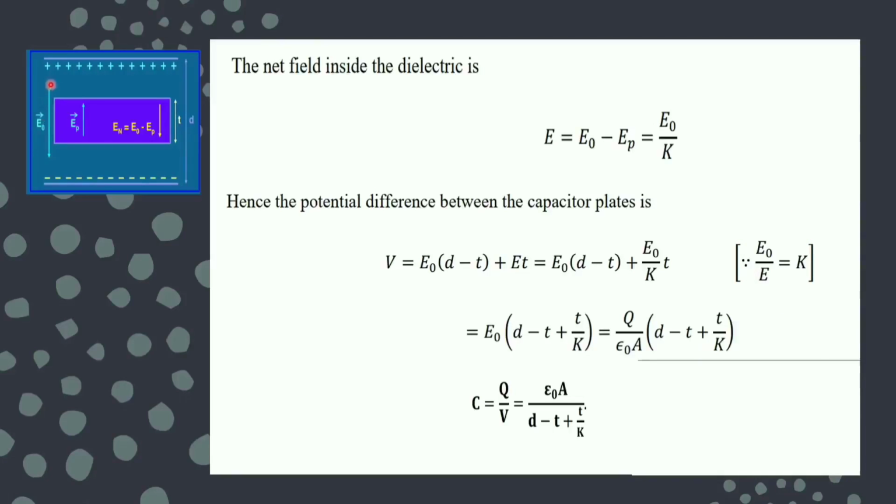So we have to find the potential difference between the capacitor plates, which will of course be V equals ED from my previous knowledge of the relation between V and E, but here the field is divided into two parts. For the thickness T, the net field is E, and for the rest, which is D minus T, the field is E naught.